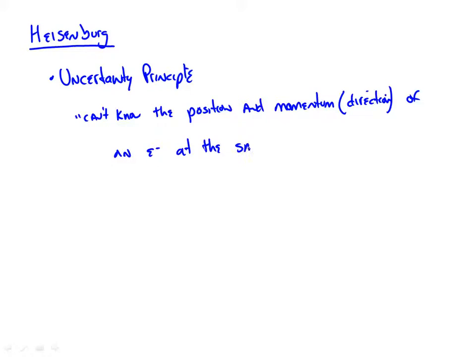Now, he also says that you can't know it for any object at the same time. So, for instance, if I have a baseball, I can't both throw it and know exactly where it is and exactly how fast it's going or what direction it's going in. You can't know both pieces of information at once.